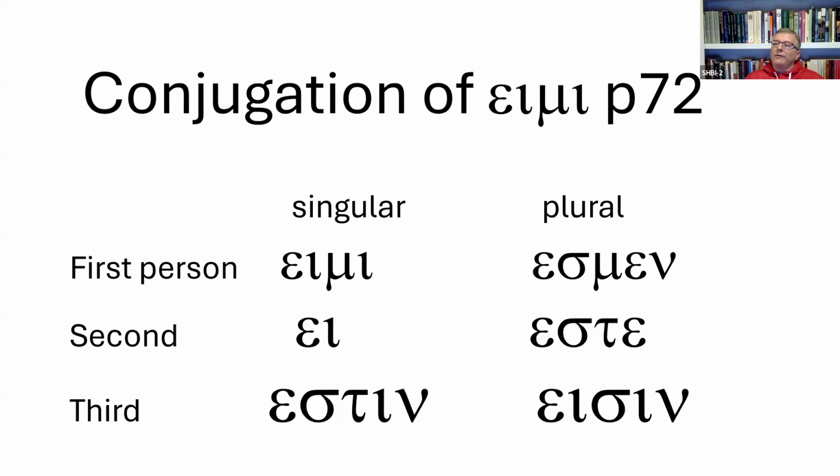It's first person plural. We is first person plural, I and we. Yes, esmen. I am, Aaron, that's eimi. Yes.